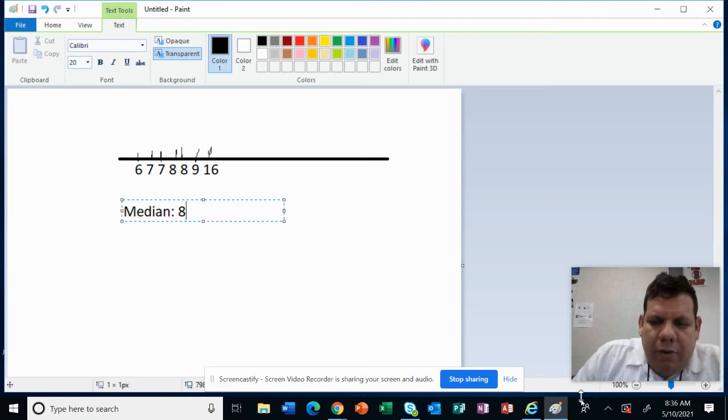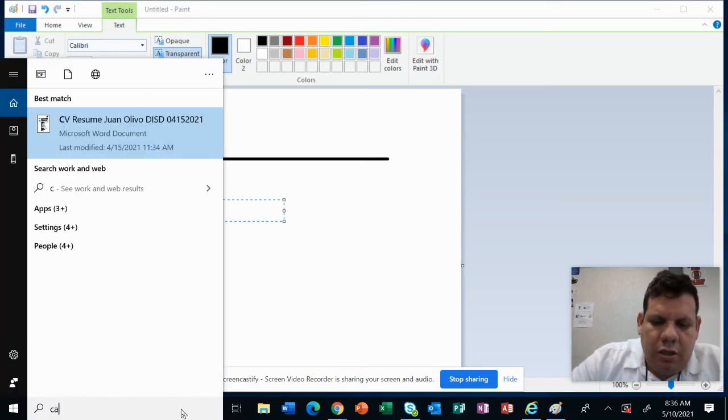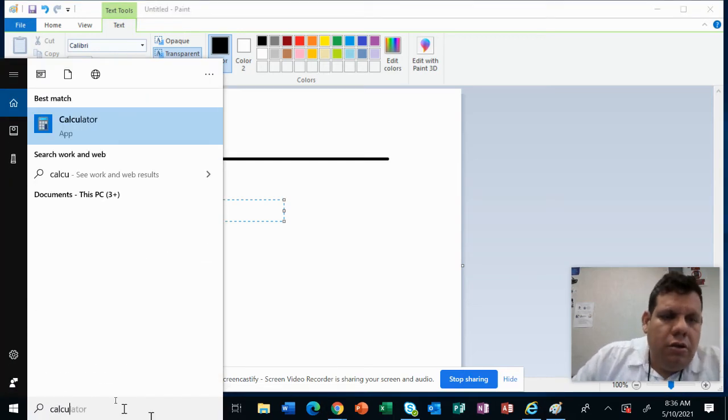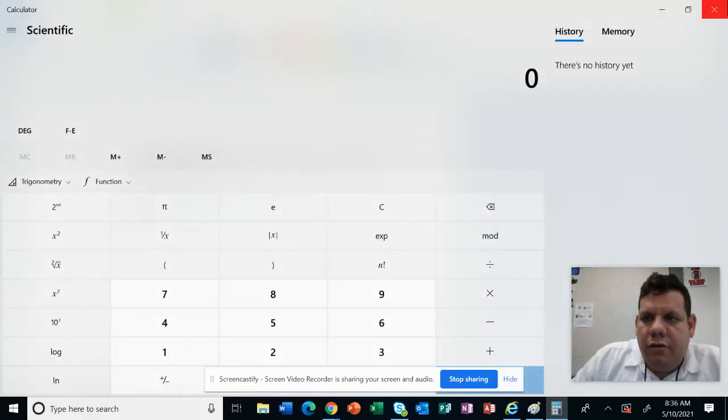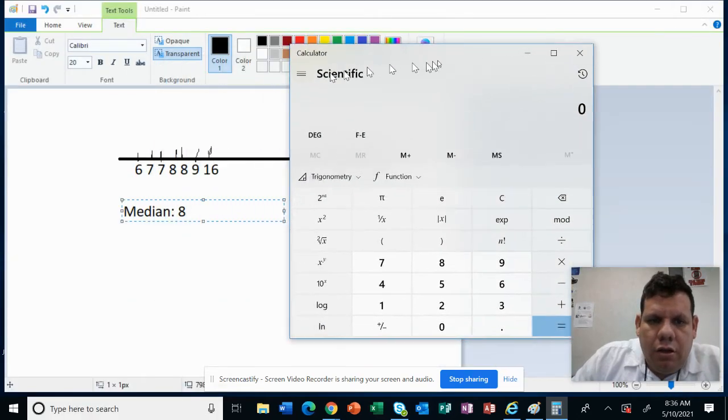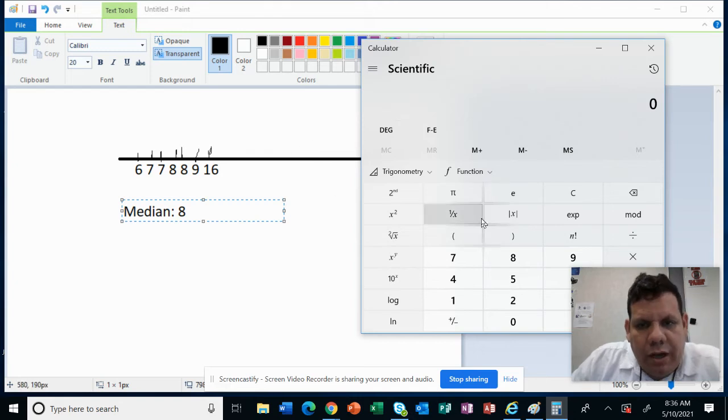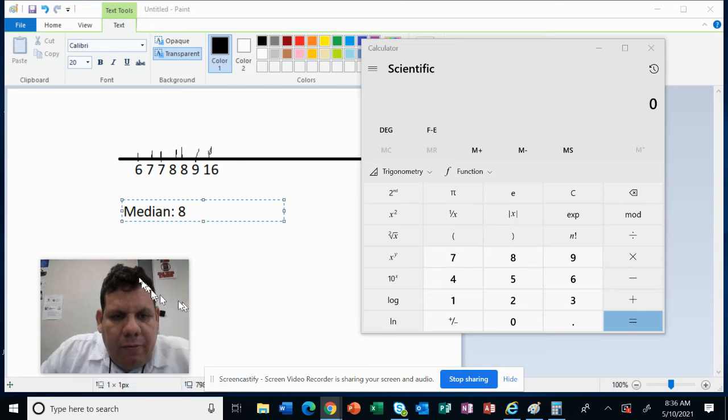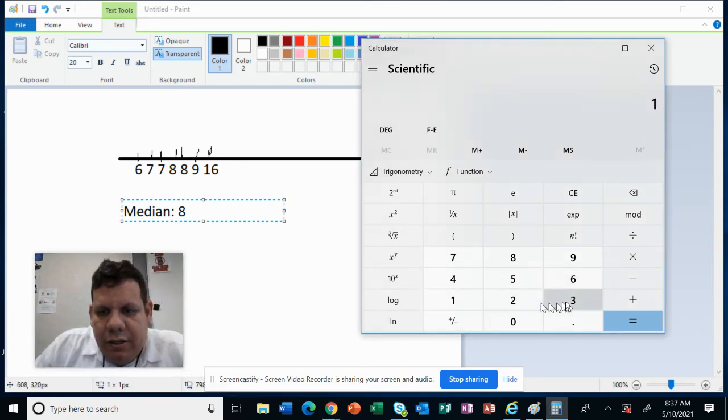And what about the mean? So far for the mean, what do we have? We have 6 plus 7, which is 13, plus 7 plus 8 is 15, plus 8 plus 9 is 17, plus 16.